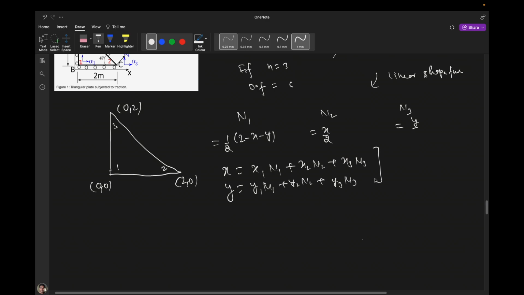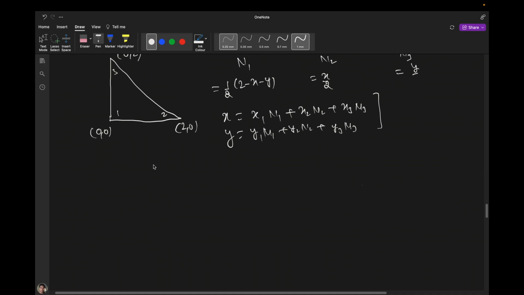Okay, so in this way we can write the physical domain into the master domain. Not the master domain, I mean in this case this is the same as the master domain. We can directly use, because it is the case of a single element, so nothing to worry about. We can directly use whatever we did.